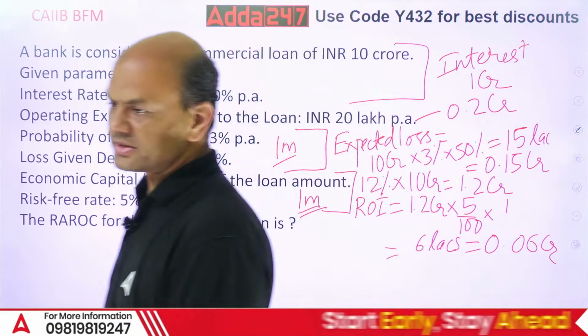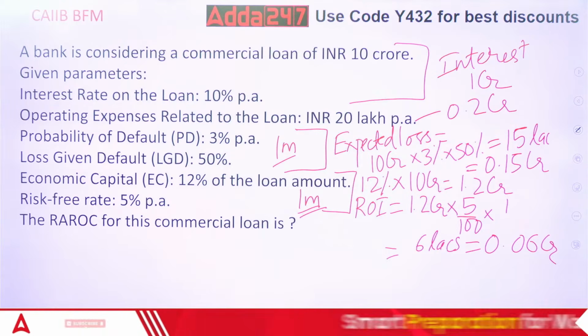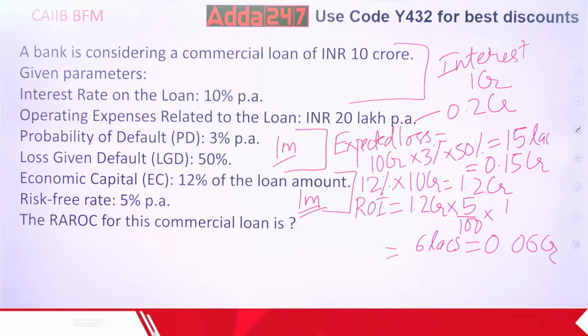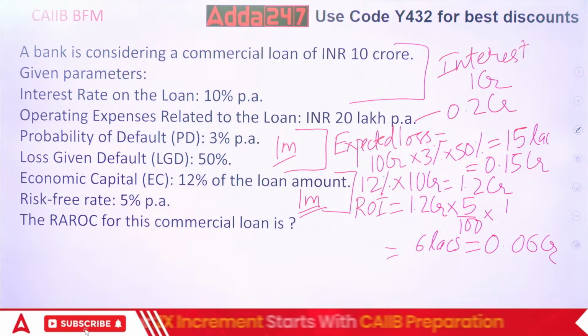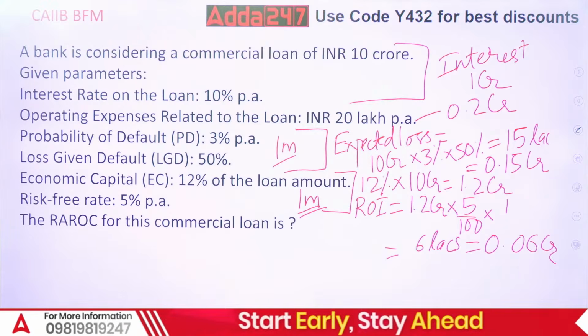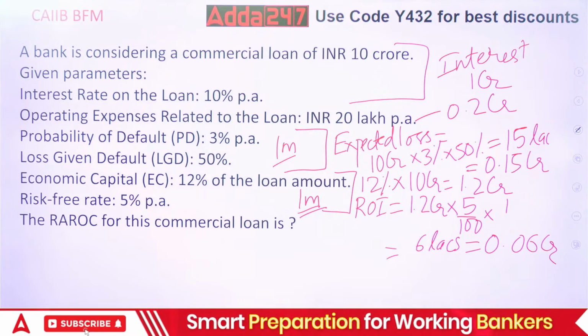Is everyone clear on this? 0.06 crores. Got it? Yes, Merohit, you got it. But others are still there, those who don't know. How many of you have gone through this problem, other than Merohit Raj?